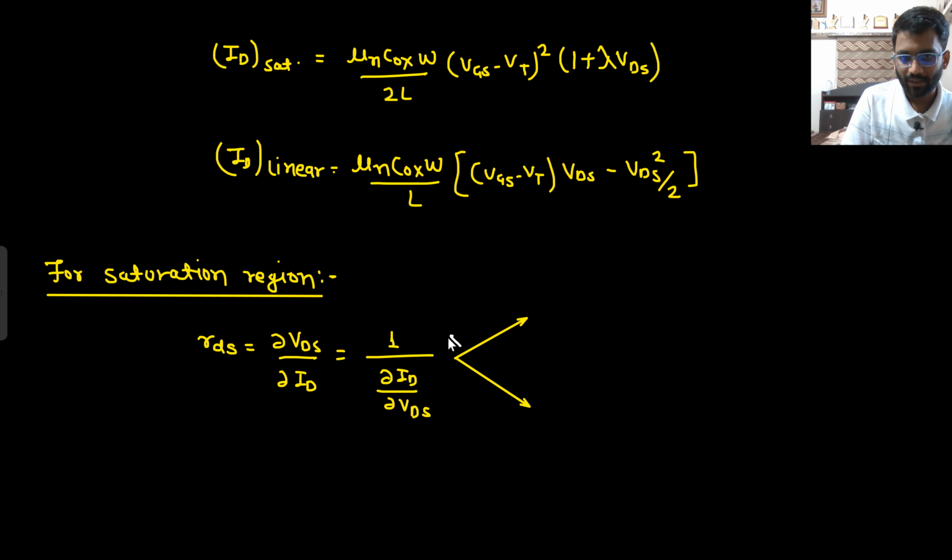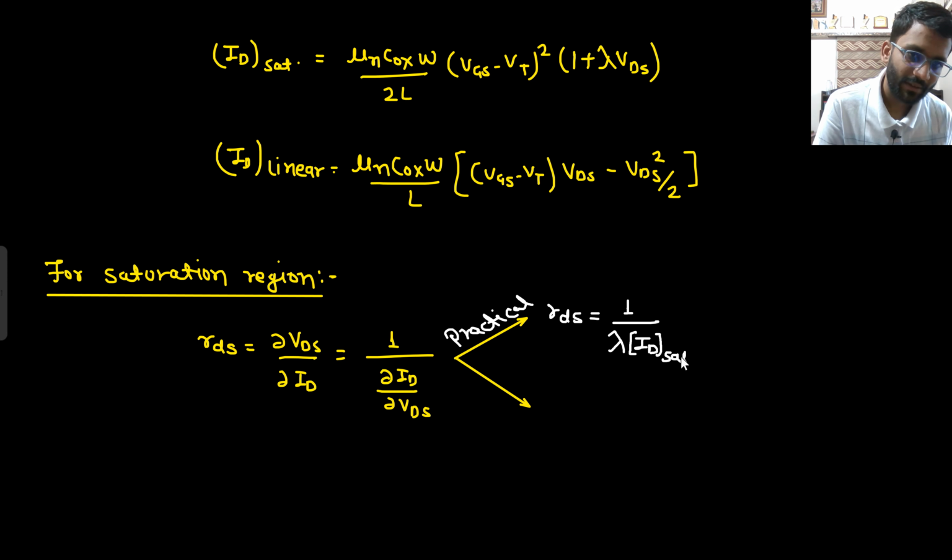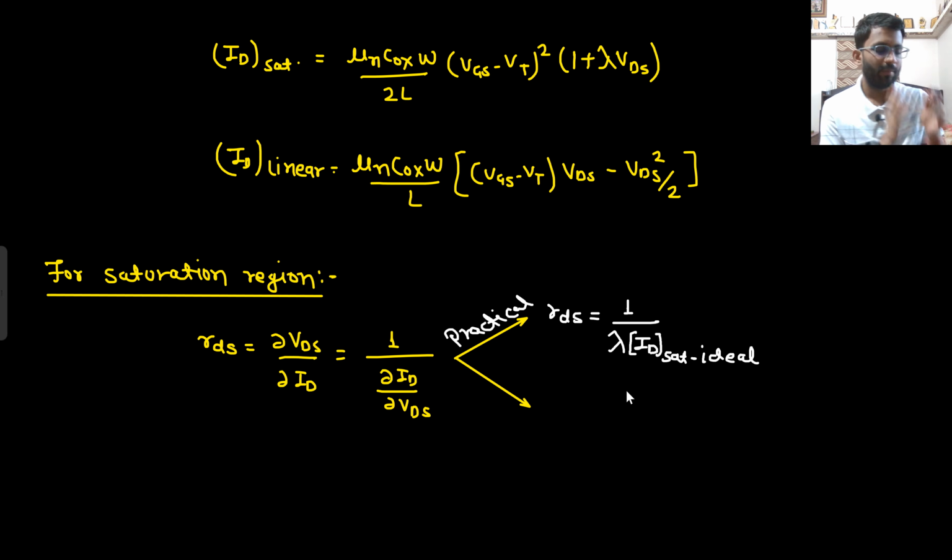So this is the practical one. What is the RDS for practical? That is 1 upon lambda ID sat. Lambda value will be given to you in the question.